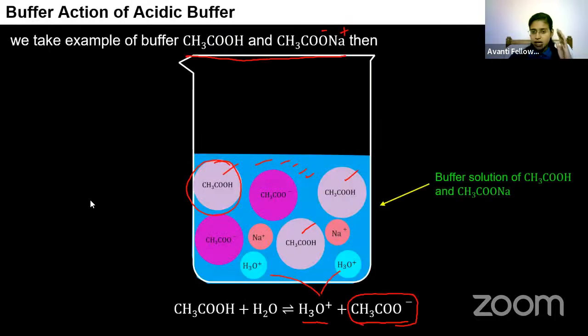Do you have any doubts till this? I have taken one example for the acidic buffer solution, with acetic acid and also the salt. Acetic acid will react with the water molecules already present inside the container and produce new acetate ion and H3O plus. Do you have any doubts till this? Shall we go ahead?